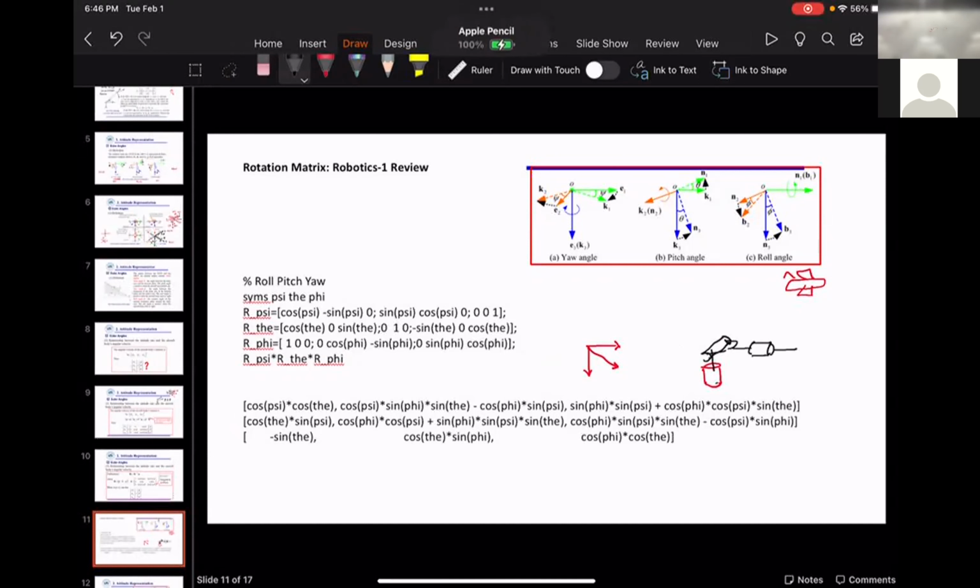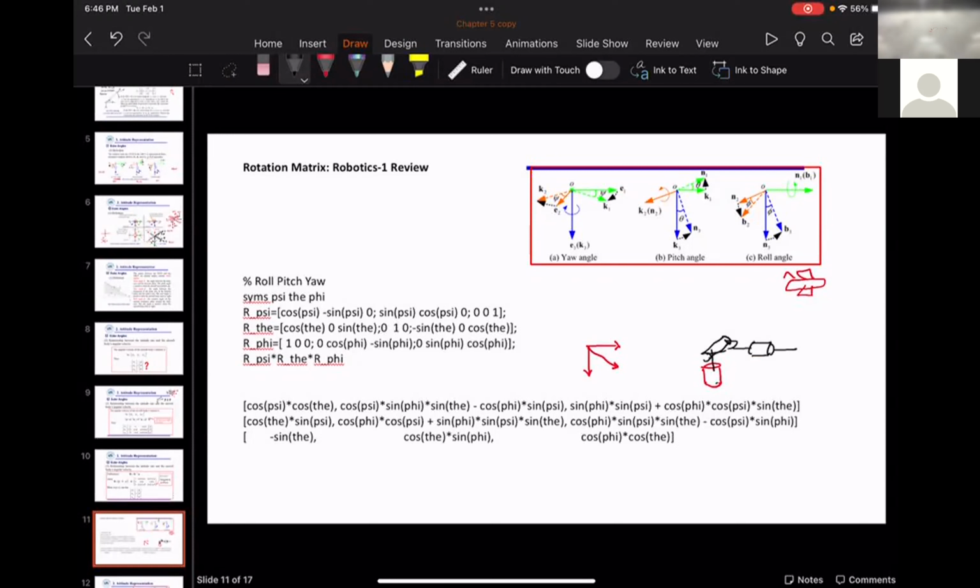Now, if you recollect, the roll pitch yaw here is the same thing as we did in robotics 1. So you have the rotation matrix. You remember the basic structure of the rotation matrix from robotics 1?